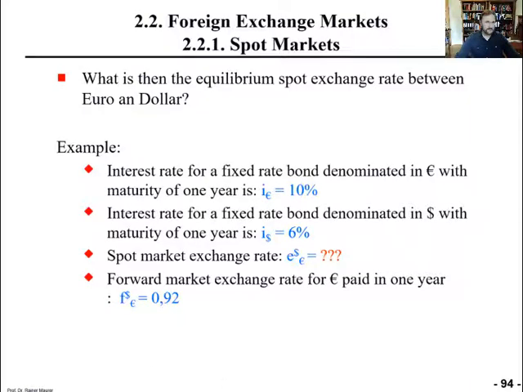We take all the other numbers, the interest rates and the forward market exchange rate for given, leave the spot market exchange rate as an unknown variable, and then we force equality between the return in a euro bond and the return in a dollar bond, and solve for the spot market exchange rate, the unknown variable.